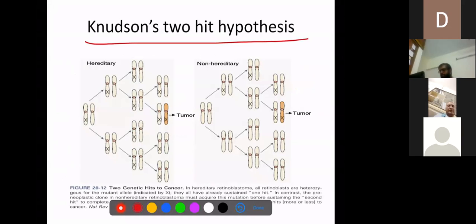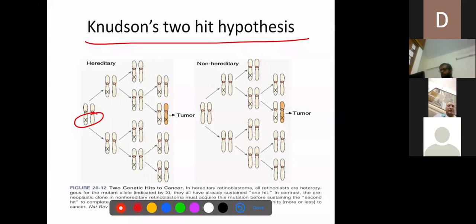First, they are heterozygous. In the next generation, again they are heterozygous. So the gene is carried by the first generation and transmitted to the next generation. Not everybody will develop a cancer.